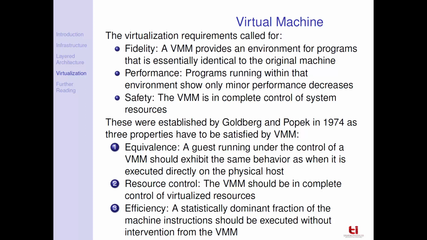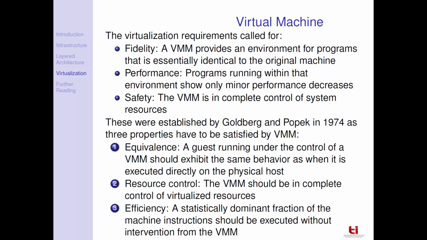Next point is safety. The virtual machine monitor should be in complete control of the system resources. These requirements were actually established by Goldberg and Popek in 1974 as three properties that have to be satisfied by a virtual machine monitor. The first is equivalence.